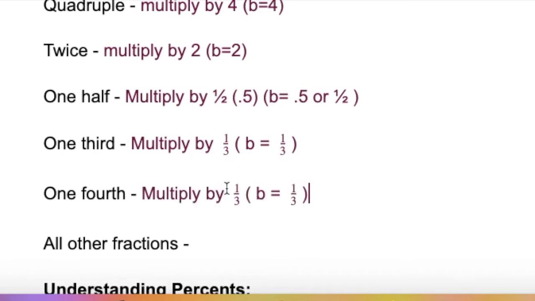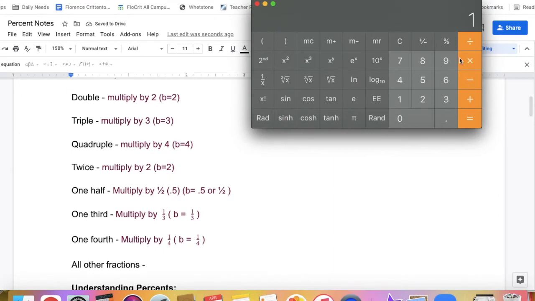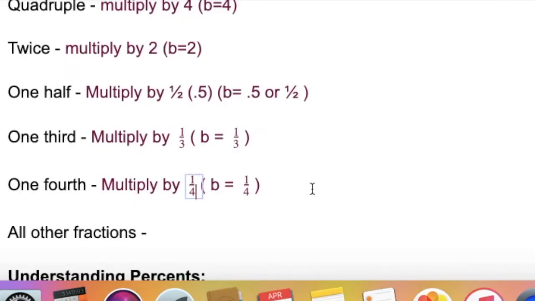One-fourth means divided by 4. So 1/4 means 1 out of 4. If I were to divide this, I do get an easy decimal like 0.25.